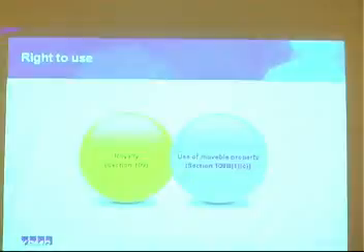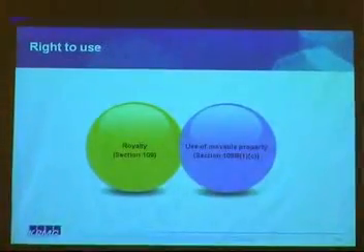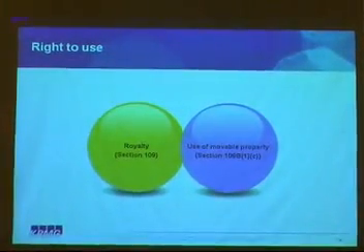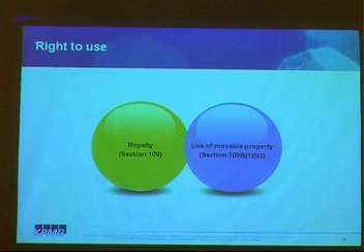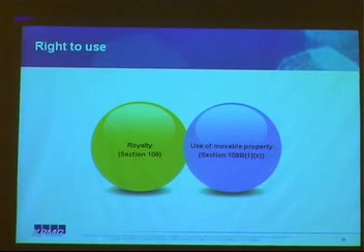After services, now we'll move to right to use. Right to use essentially covers two types of provisions. That's royalty under Section 109 and use of movable property under Section 109B(1)(c). Royalty covers the right to use or income from alienation of copyrights, artistic or scientific works, patents, designs or models, plans, secret processes or formulae, trademarks or tapes for radio or television broadcasting, or other like property or rights.